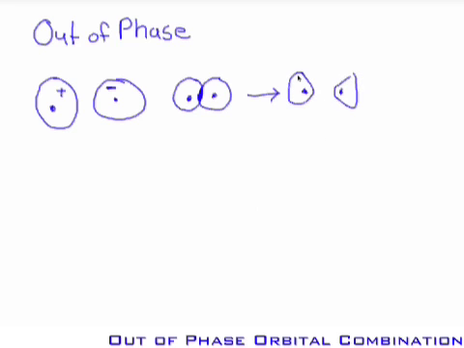So an out-of-phase combination leads to the electron density decreasing between the two nuclei.